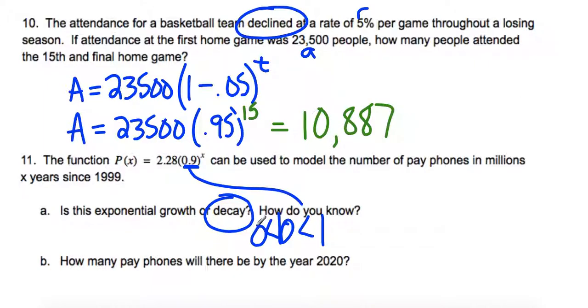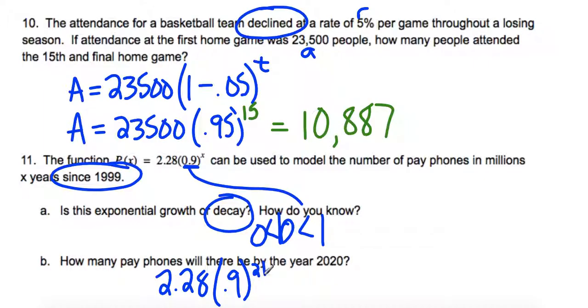Then we want to know how many payphones there will be, there's the bell again, by the year 2020, so next year. So we're going to take 2.28 times 0.9 to the, let's see, in the year 2020, remember this is since the year 1999, so that's actually 21 years.